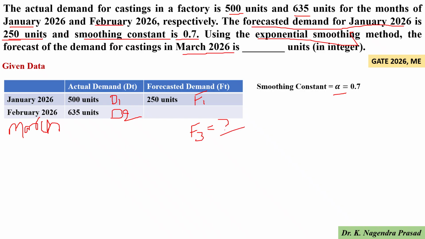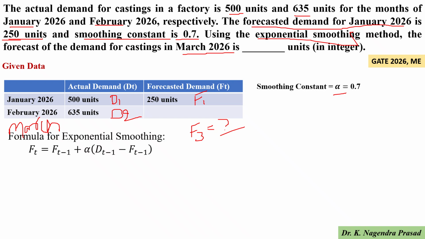For this I have to use the exponential smoothing method, and we know the formula is Ft equal to Ft minus 1 plus alpha into Dt minus 1 minus Ft minus 1. Here I have to determine the forecasted demand of March 2026, that is F3.